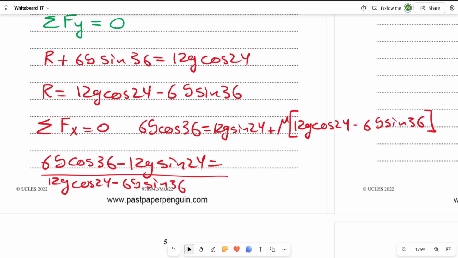When I do that, I'm going to find a value of mu. Remember to replace g with the correct value. For Cambridge it is 10, at Excel it is 9.8. When you solve this, you're going to find mu as 0.0529, and this is the correct answer from the mark scheme.